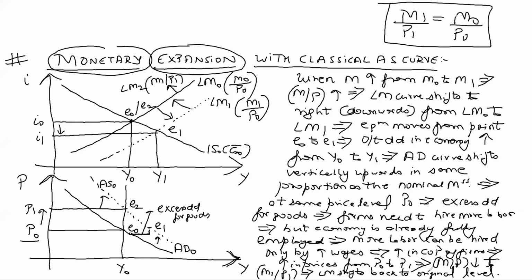The economy will be back to the full employment level of output. So is monetary expansion successful under the classical AS curve? No. Under the classical economy, monetary expansion cannot increase the output beyond the full employment level of output.